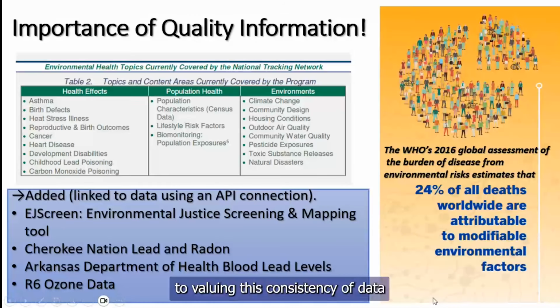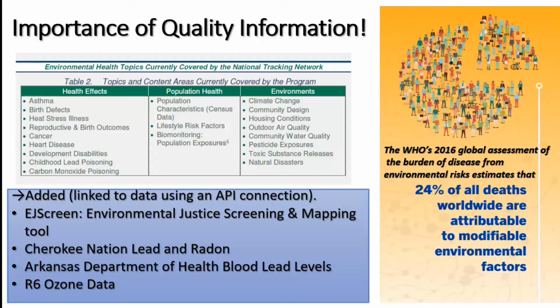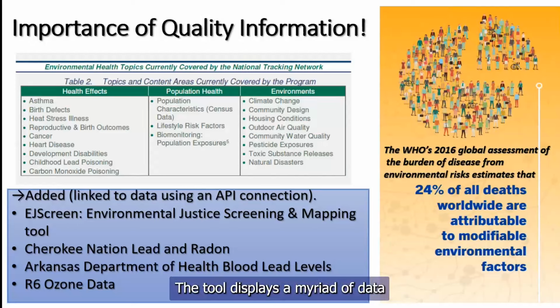And in addition to valuing this consistency of data and spatial layers, there was also an emphasis on using quality data and information. The tool displays a myriad of data from multiple high-quality sources, the first of which, as shown in the chart at the top left of the screen, is the CDC.